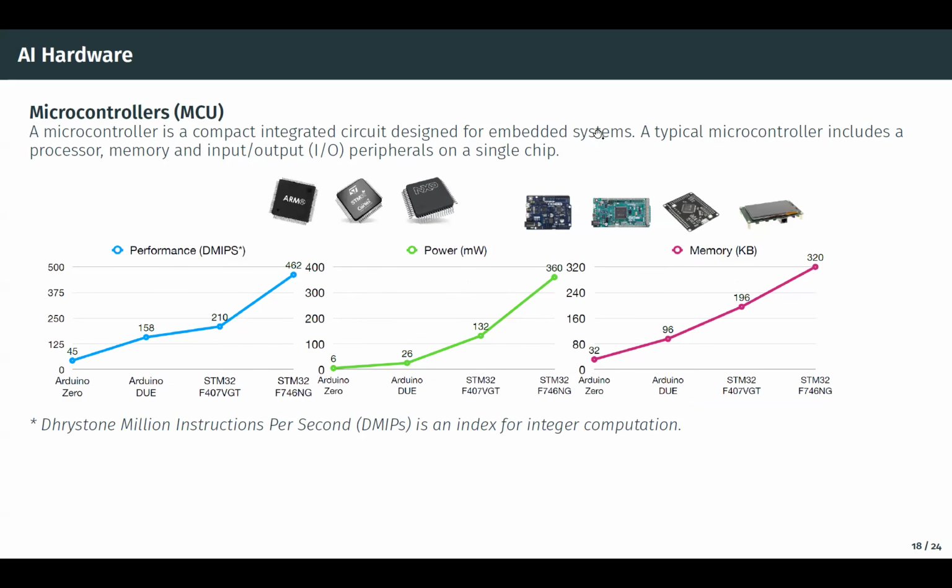And then comes the microcontroller, the really small ones, powered by a very small battery or cells, for places where you have very low power access. Developing models that can be run on these devices is really necessary.